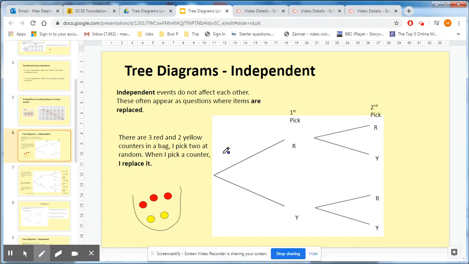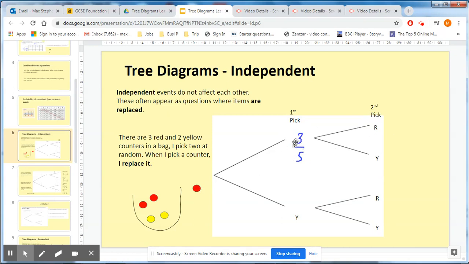So just to illustrate this, first thing says for my first pick, what is the probability that I get a red counter? So I can just look at my bag, and I've got 3 out of a total of 5. So I'm going to write 3 out of 5. What I'm actually doing there is I'm reaching into my bag, I'm taking out a red counter, and then I'm noting that I've got the red counter and I'm moving on.